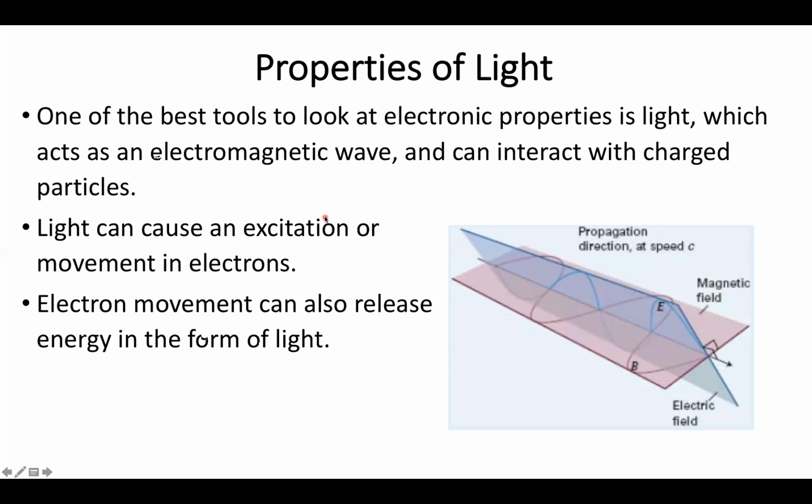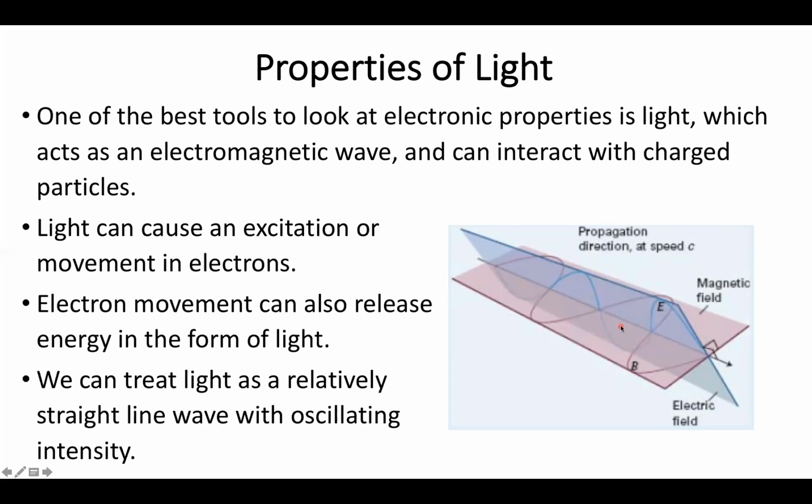However, in order to really probe the behaviors of these atoms, I need to try and put some numbers to the system. So what we're going to be doing is relying on this oscillating intensity to make use of some of the wave mechanics that we've seen in physics.